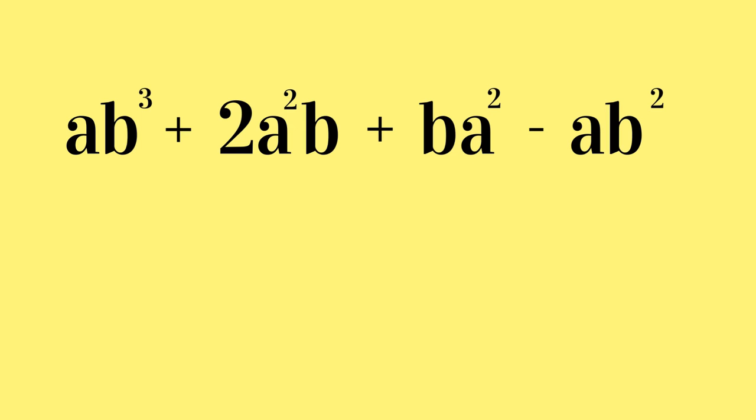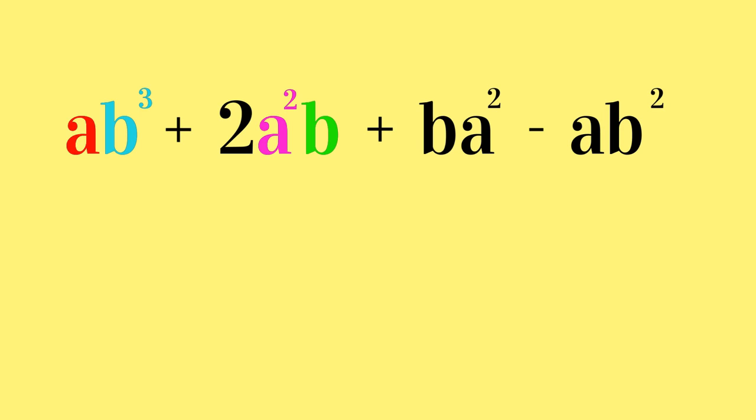The first term contains an a and a b cubed. The second term has an a squared and a b with no power. So these two terms are not like terms and cannot be combined.